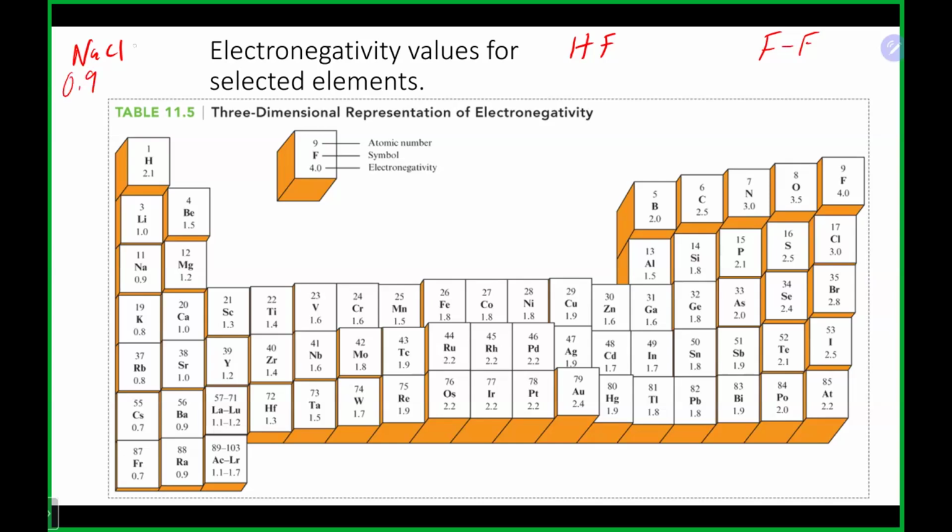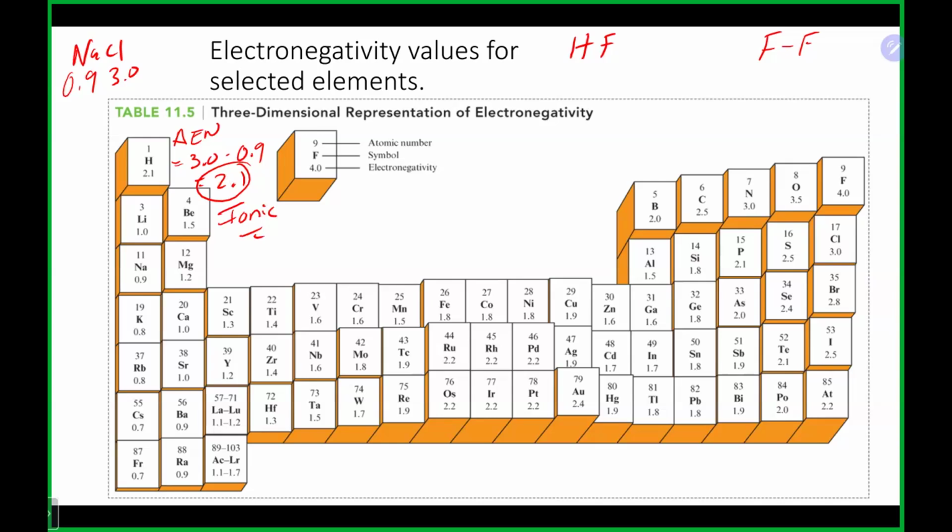We calculate the difference in electronegativity by subtracting those numbers. So 3 minus 0.9 gives us 2.1. A 2.1 is definitely above 2, so it's going to be an ionic bond here. Really, I didn't need the numbers, because sodium's a metal and chlorine's a non-metal, so it's definitely going to be ionic.